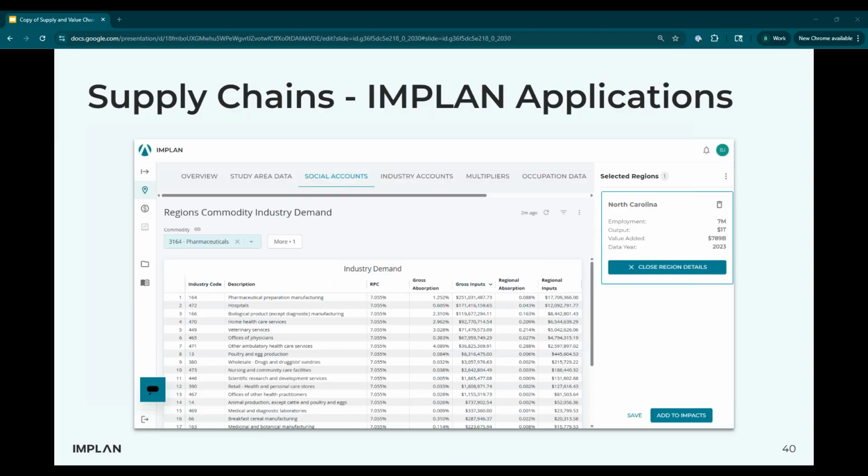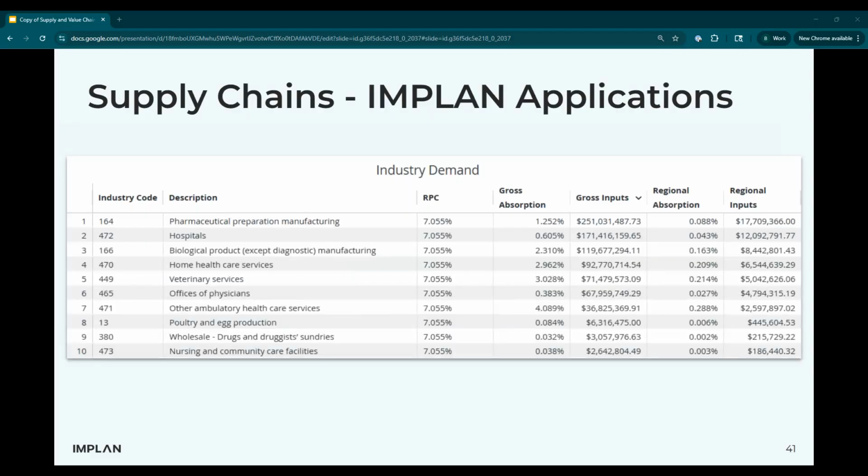What are those industries that consume pharmaceutical goods produced by pharmaceutical preparation manufacturing? The sector itself, hospitals, biological product manufacturing, home health services, veterinary services, offices of physicians, right? So when we're thinking about how these dollars start to ripple through the economy, we can start to get an idea of how that is going to happen via these particular tables.